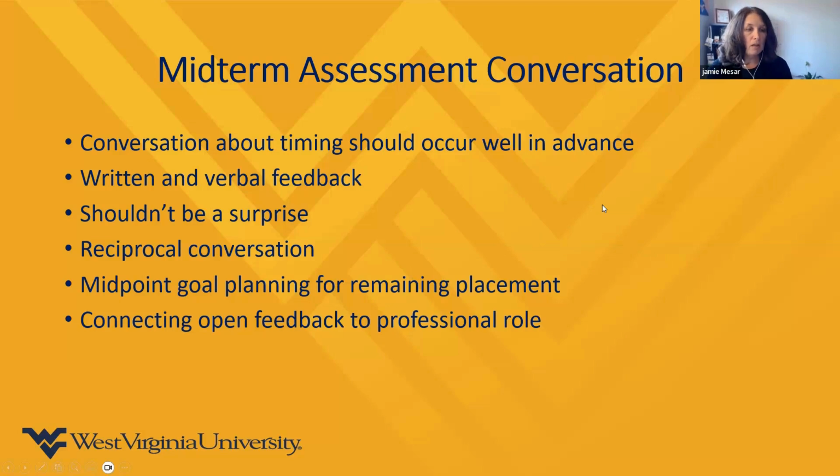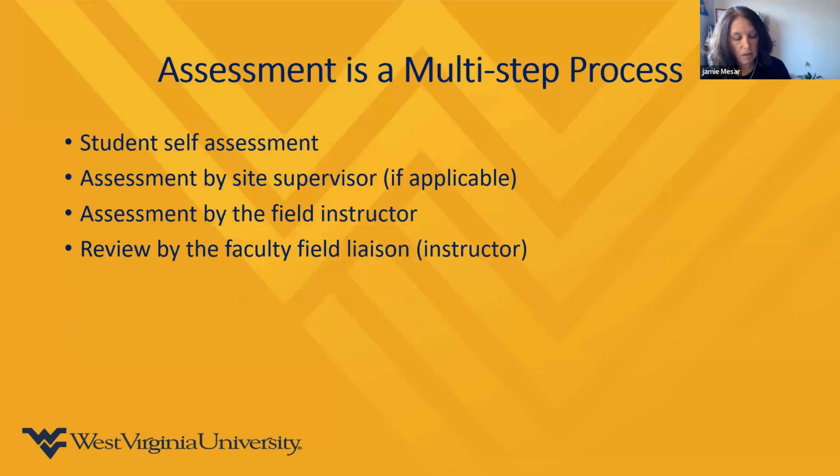So as we think about this, the next slide is going to talk to us about how our assessments are a multi-step process, and it begins with the student. We'll walk through each of these phases because each phase is a little unique. The student is going to do a self-assessment. And then if the student has a site supervisor, the site supervisor is engaged in this process as much as they want to be, and with as much feedback as they have to offer.